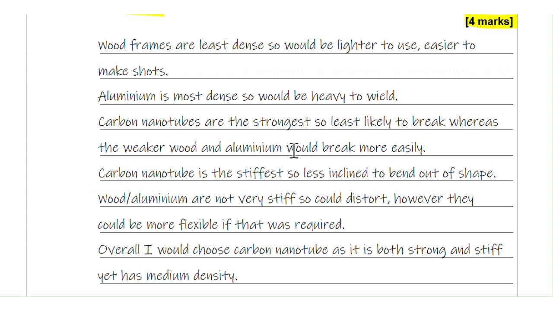The carbon nanotube is the stiffest, so less inclined to bend out of shape. Wood and aluminium are not very stiff, so they could distort. However, could be more flexible if that was required. Overall, I would choose carbon nanotube as it's both strong and stiff, yet has a medium density.